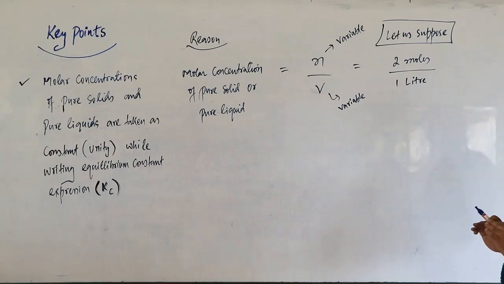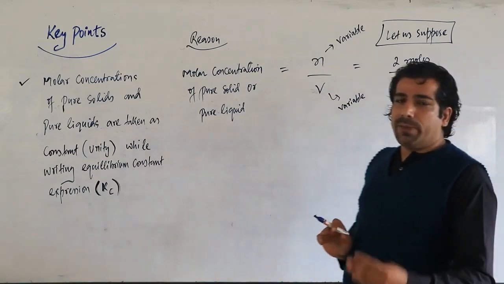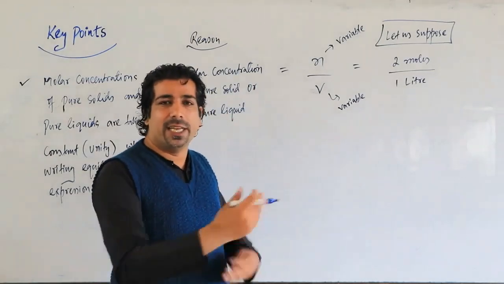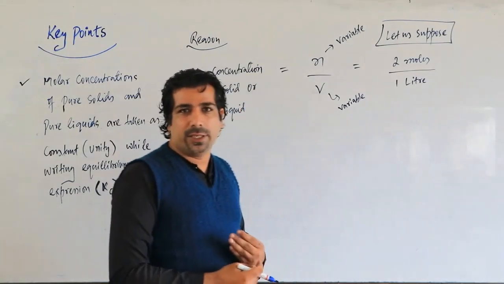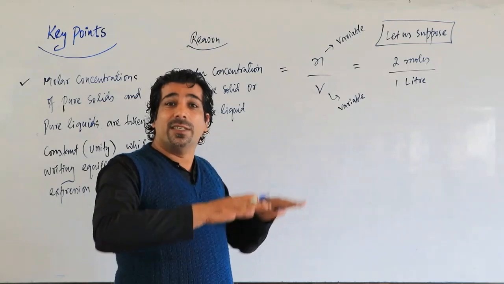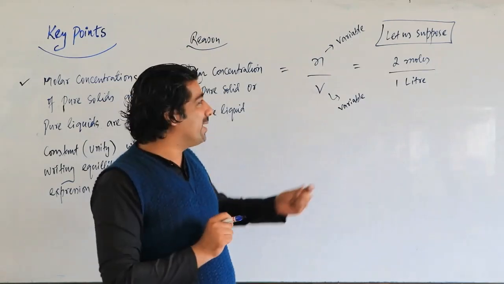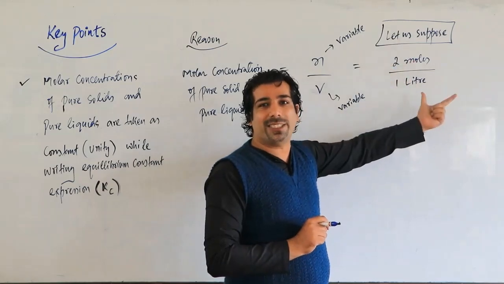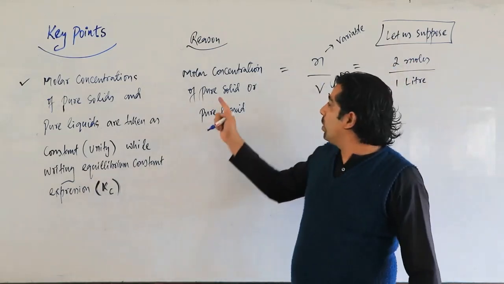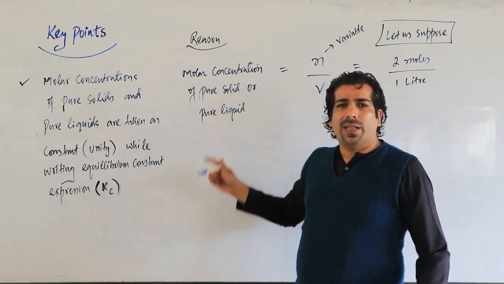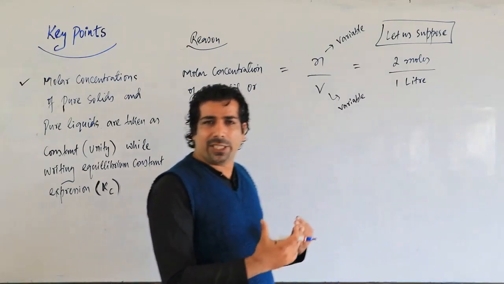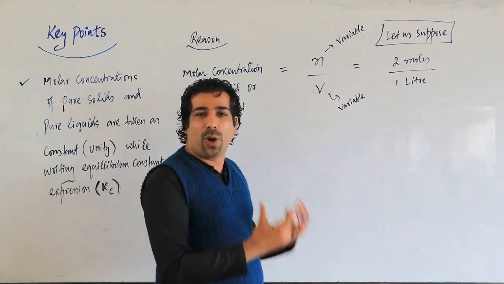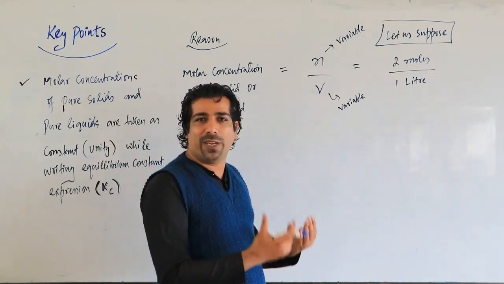So what happens? After some time, if that solid or liquid is your reactant, it will change into product. So its concentration will decrease. So obviously 2 moles will change into a lesser quantity. Let us suppose your pure solid or pure liquid are reactants. Then they will change into products. As they change into products, the quantity of that solid or liquid will decrease.